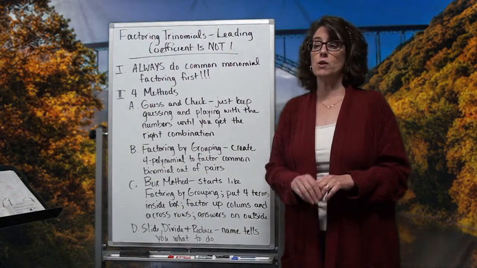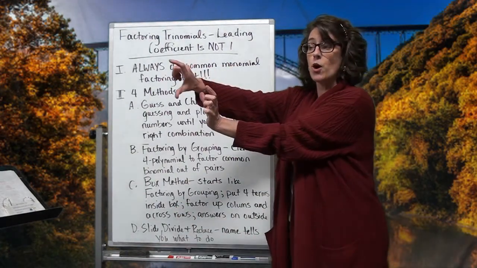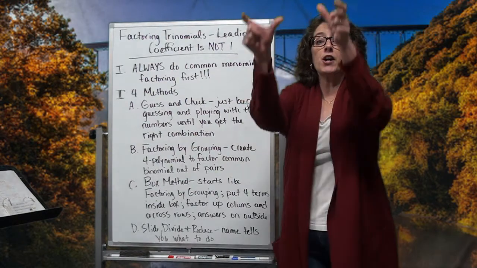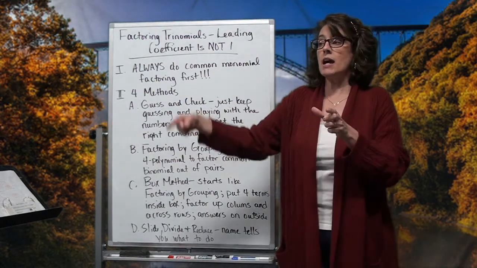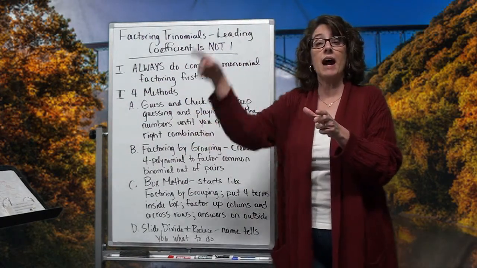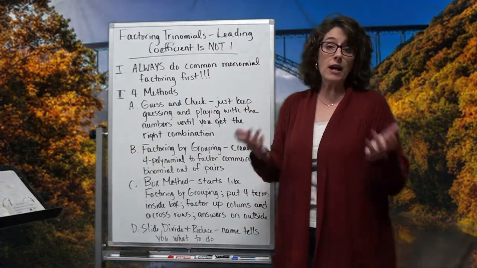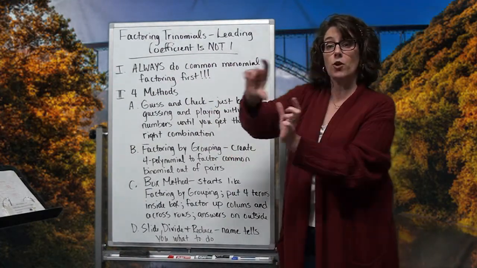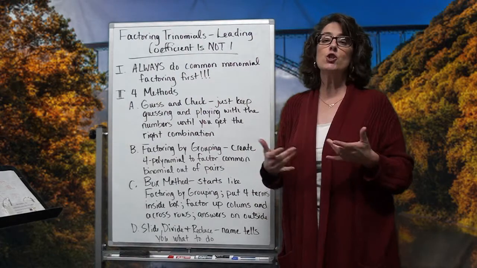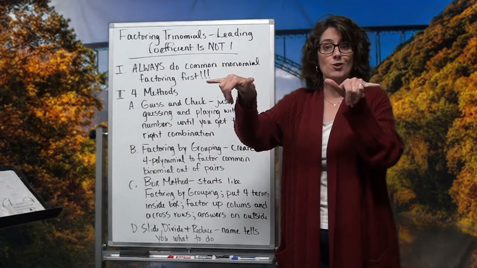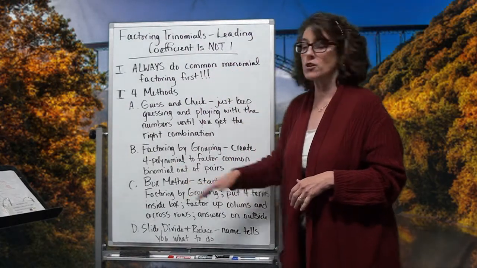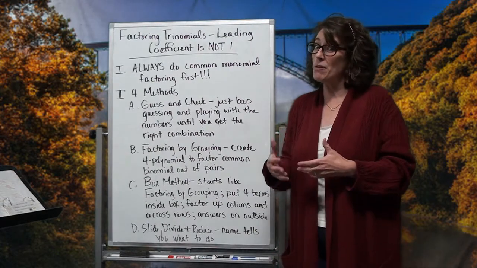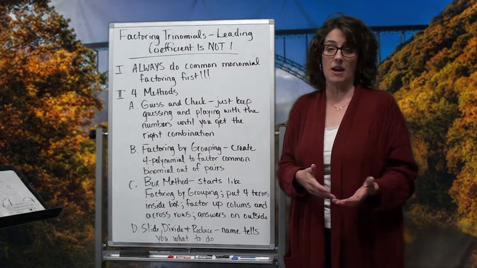And then you factor across the rows of the box and up the columns of the box, and your answers are sitting on the outside of the box. Frankly, what you're doing when you factor across the rows and up the columns is you are doing the factoring of the pairs. So box method and factoring by grouping kind of sort of do the same thing, just a different method of getting there.